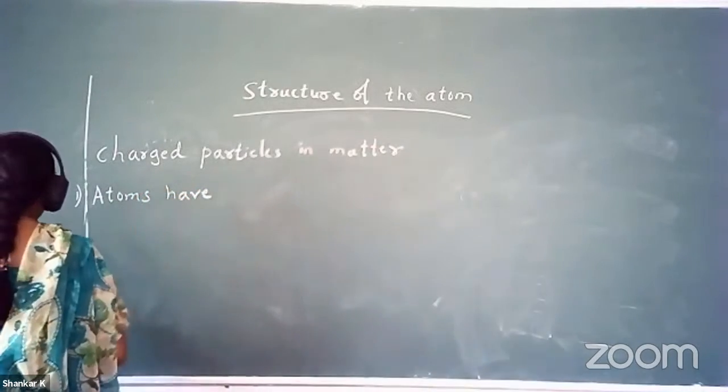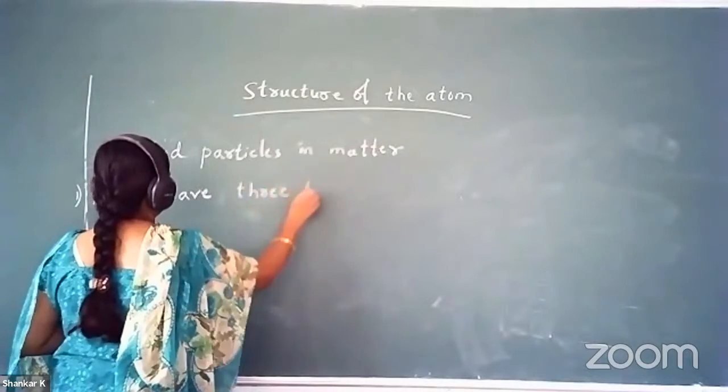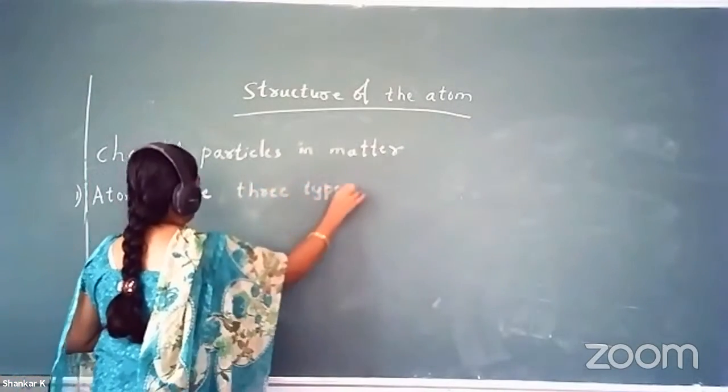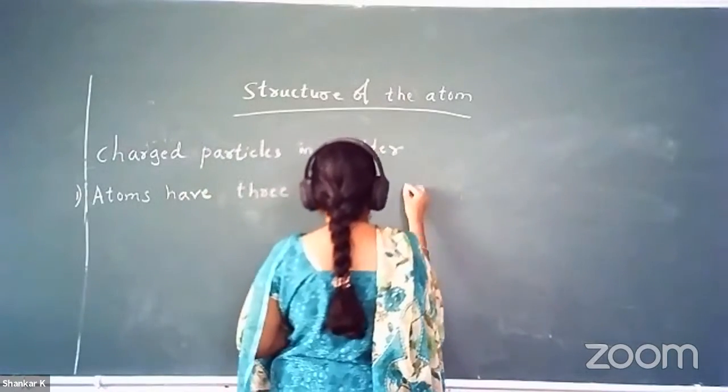Atoms have 3 types of subatomic particles.